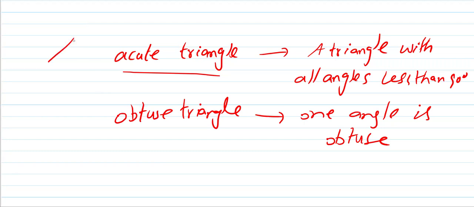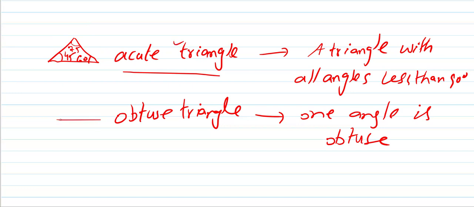For example, let's say I'm making this triangle. If I say this angle is 45, this angle is 60, and this one is 75, together all angles are less than 90 degrees, so it is acute.